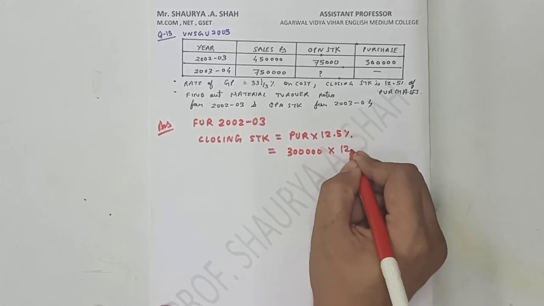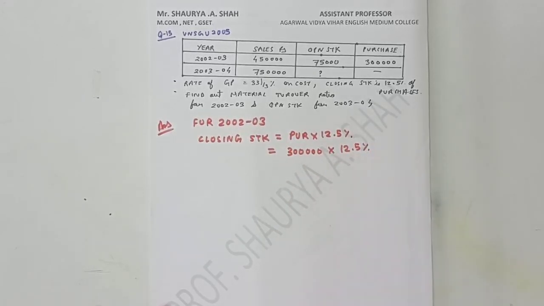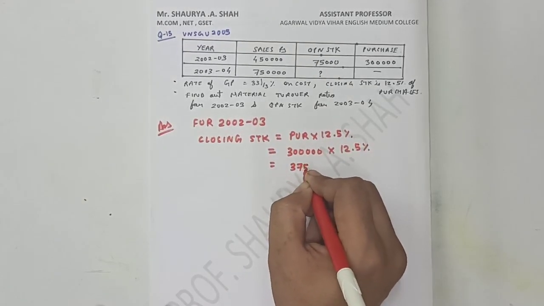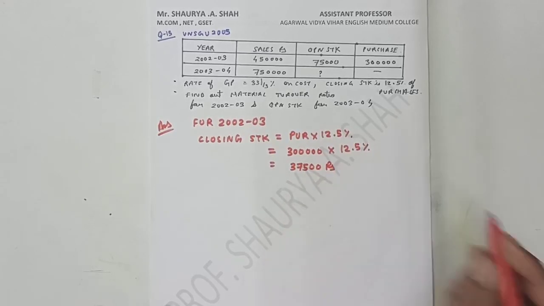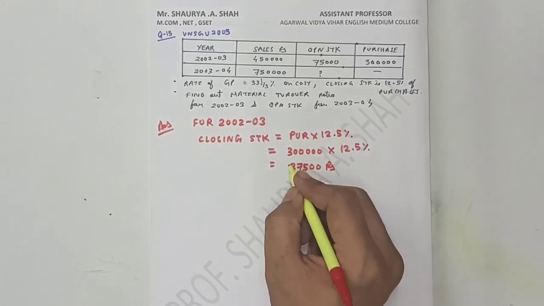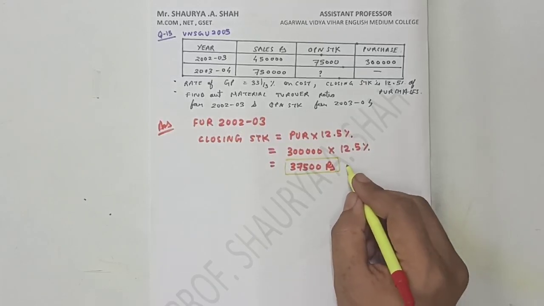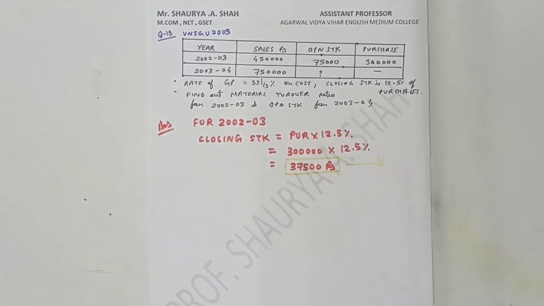So 3 lakh into 12.5%, students, gives me the amount of 37,500 rupees. So what is my amount of closing stock? It is 37,500 rupees. Hope it's clear to each and everyone, fine.